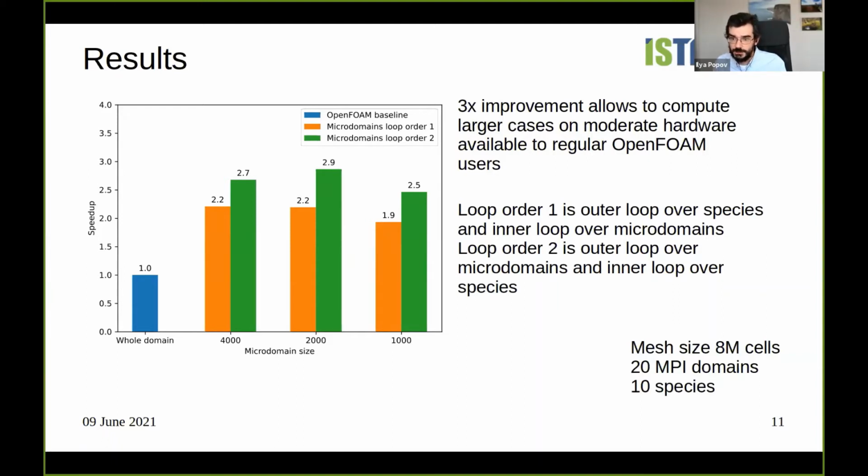The OpenFOAM code is in blue, and then depending on microdomain size, we have two options with different loop orders. And we can see that indeed a microdomain size of about 2000 cells is optimal, and we can reach about 3 times performance increase for this case, which is quite nice.